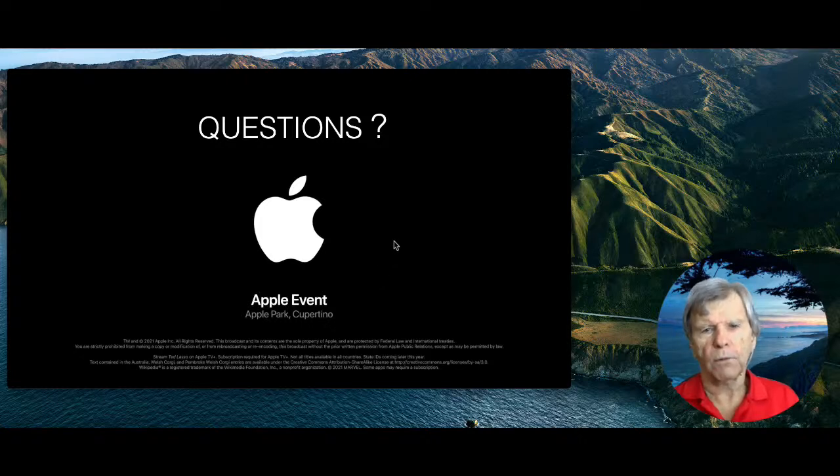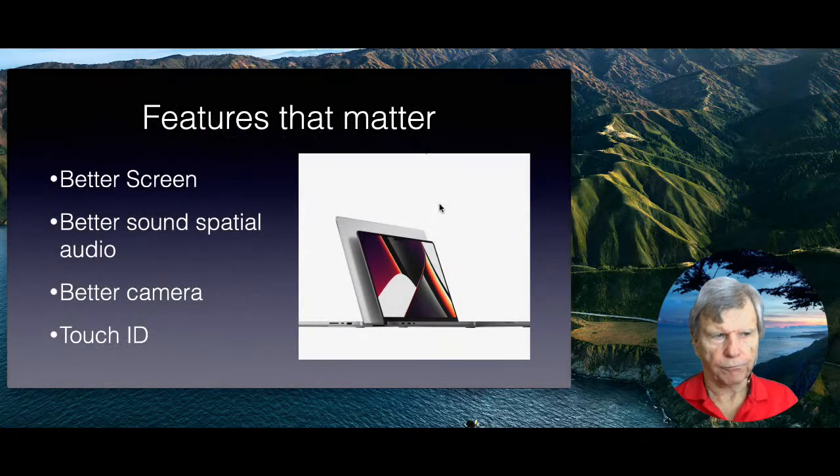While we're waiting for you to type in questions, and we'll go over the questions you've already typed in, let me give you a kind of an answer to Susan's question. There are features that matter to most of you, and a few features that will matter to a few other people. It has a much better screen, easier on these eyes that are getting older.